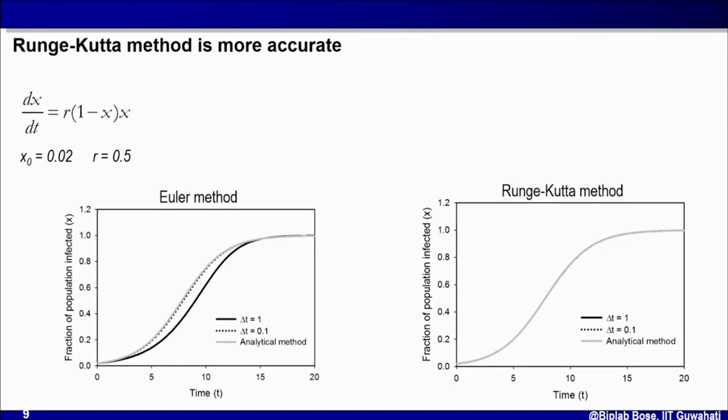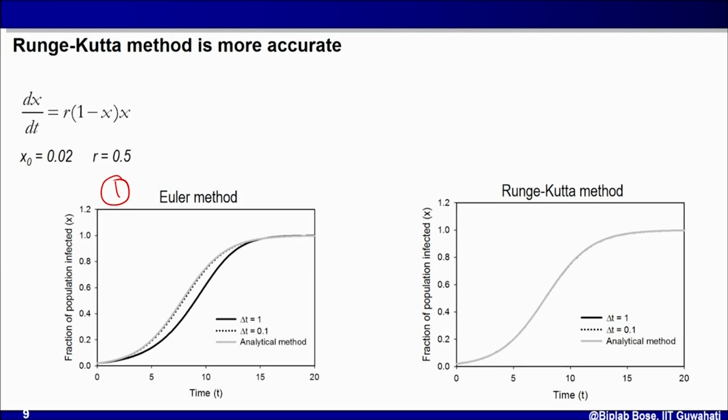So our ODE is the same one that we used for modeling the spread of infectious disease, that is dx dt equal to r into 1 minus x into x. X at time 0 is x naught, equal to 0.02, and r is 0.5 as we have kept earlier. So the first graph that I have shown is the result from Euler's method.